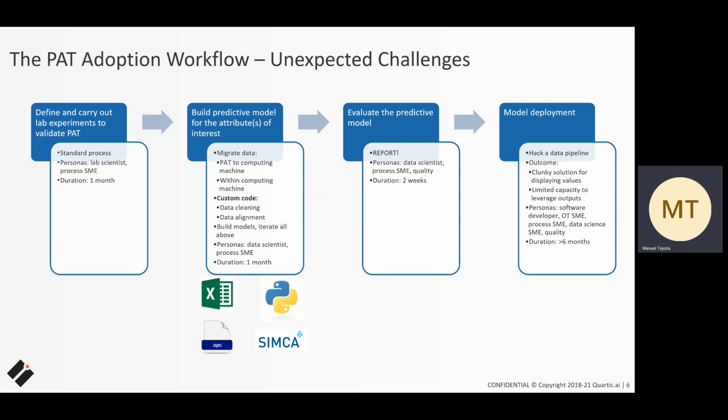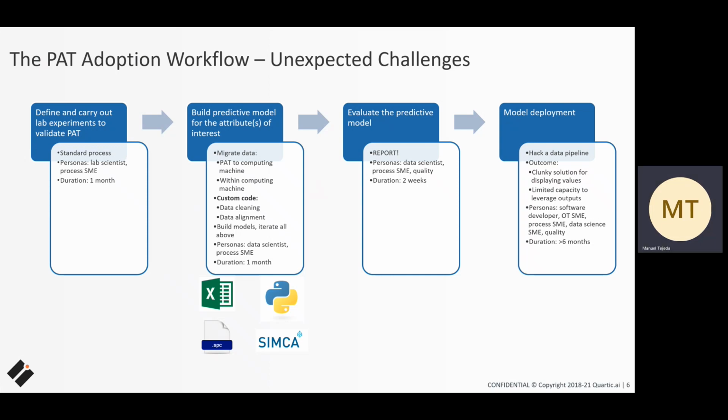So build a predictive model for the attributes of interest. Well, building that model can be quite challenging. So you've got to migrate data from the PAT, wherever you're collecting that, to some machine where you're doing your computation. And then within that machine, you have to navigate many software.